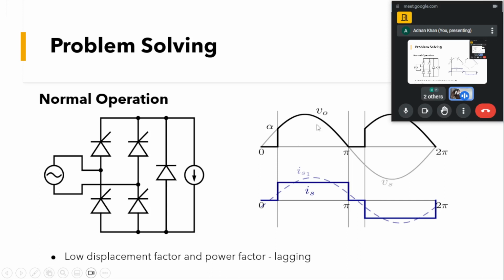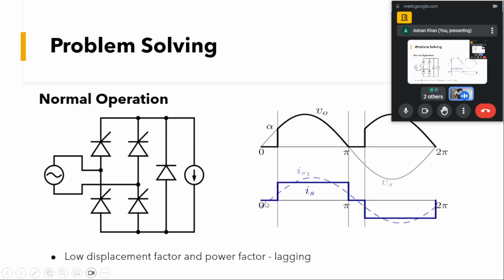This was about the output voltage. And what about the input current? We know that when these two devices are on, the positive current will flow, and when these two devices are on, the source current will be negative. Got it?